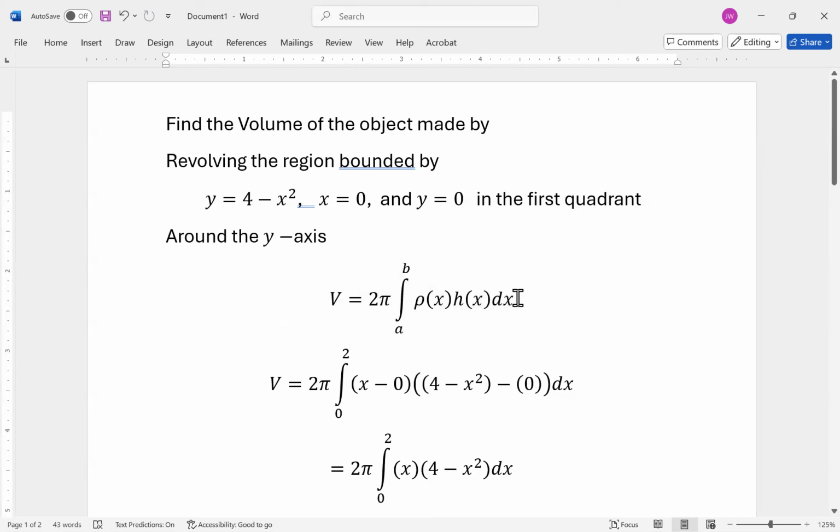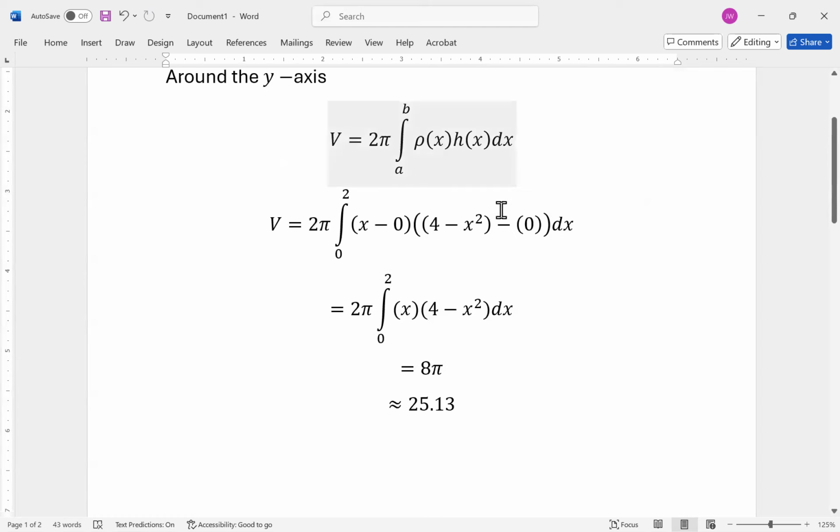Because with the disk method, rectangles are perpendicular to the line we're rotating around. In the shell method, the rectangles we use are parallel to the line we rotate around. So we end up with 8 times pi.